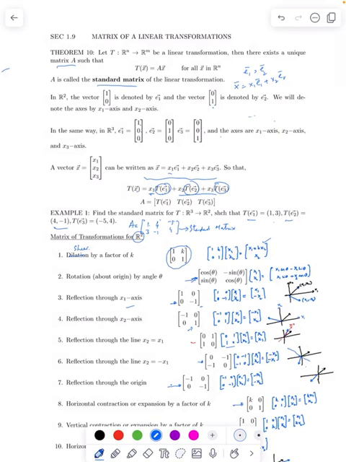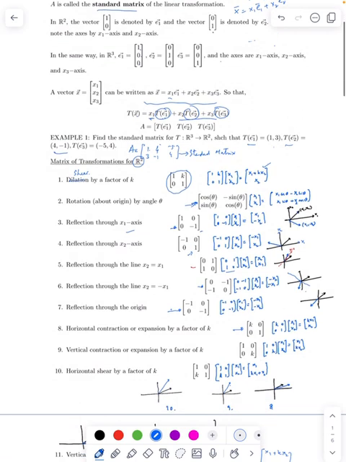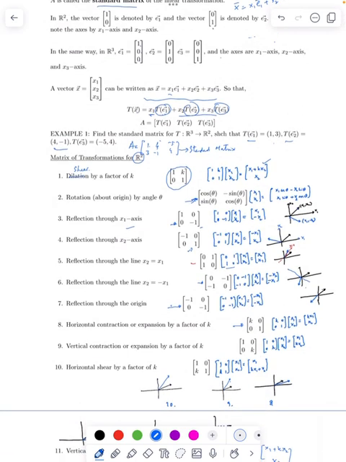And if the k is moved to another place, first it was in the first row and first column in number 8. In 9 the k is in the second row and second column, so now it expands and contracts vertically.